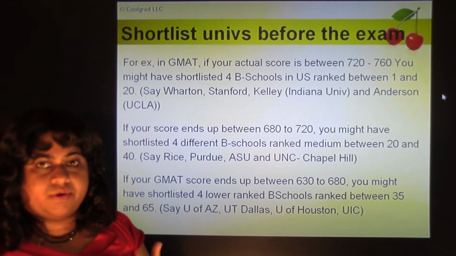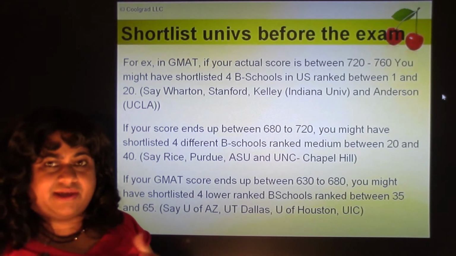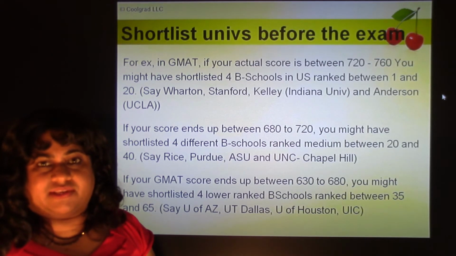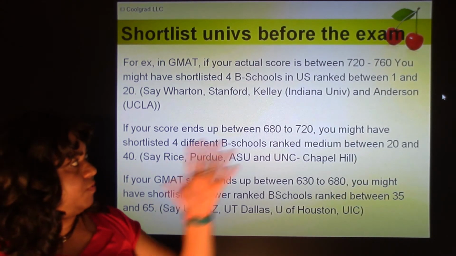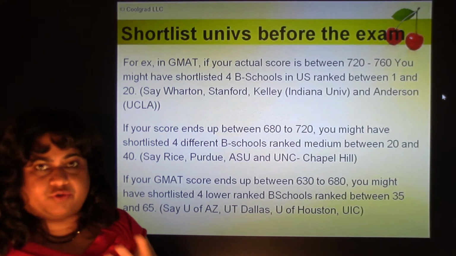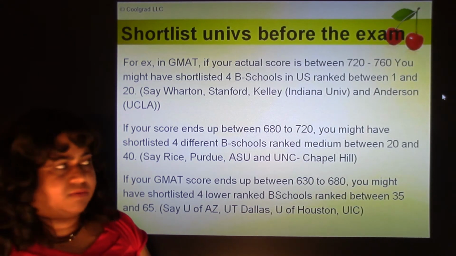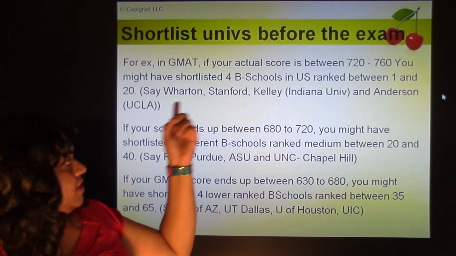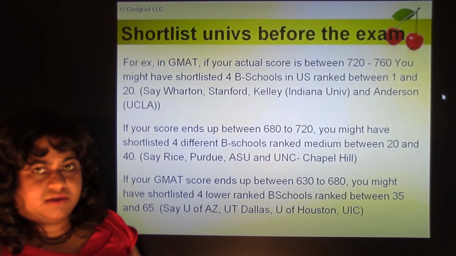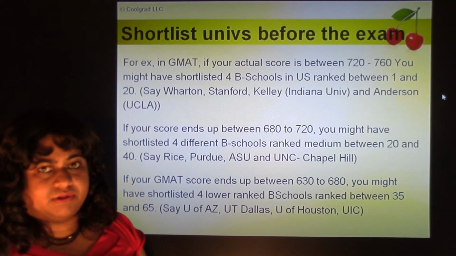So if you get more than 720, you get the exam score, and then you decide which 4 universities you can submit to. So assuming your score will be somewhere between this range, then you want to probably apply to 4 schools in the top 20 in the US. So probably like say Wharton, Stanford, Kelley Business School at Indiana University, or Anderson, UCLA. So those must be your shortlist, for example.